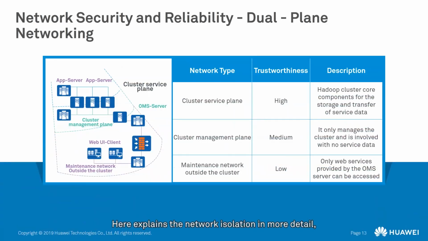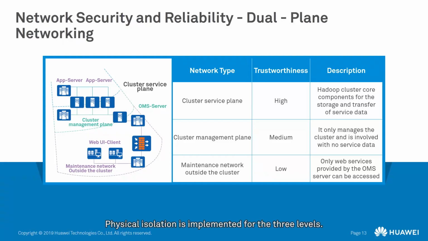Here explains the network isolation in more detail. We know that Hadoop is a distributed computing system requiring all service nodes to be interconnected. Considering risks in reliability and security, FusionInsight supports network classification, which is to divide the network into three levels, namely cluster service plane, cluster management plane, and maintenance network beyond the cluster.